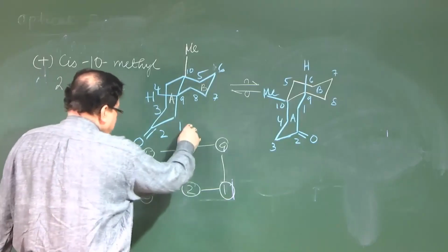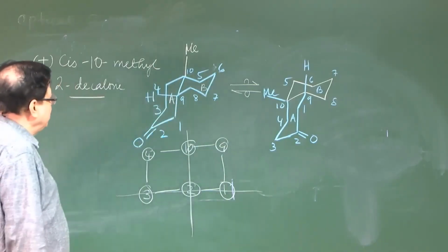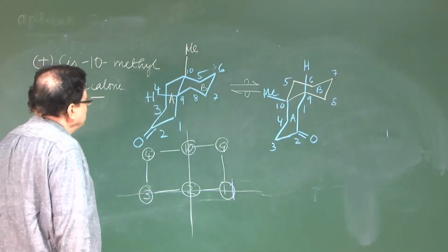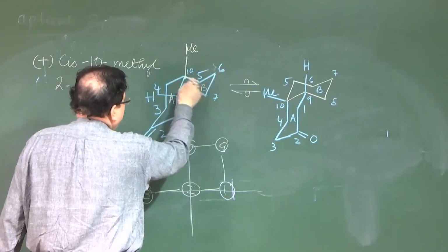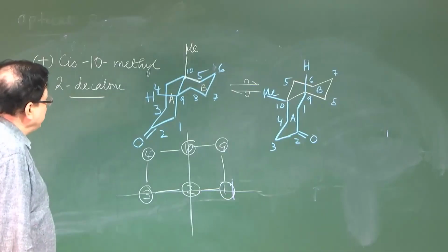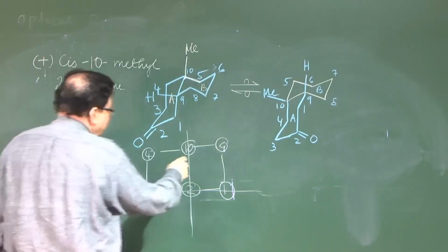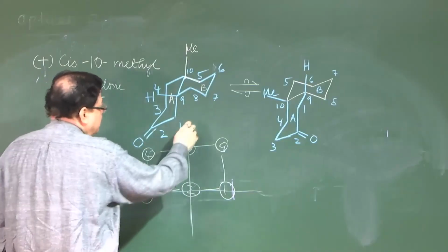Okay. Now, this is your axis and that is your axis. Now, you have to complete the projection of the other ring. So, how to do that? Now, this is the A ring, the C5, that carbon 5 is actually axial with respect to the A ring. Remember, at this carbon, the equatorial goes up, that means, this is the methyl.